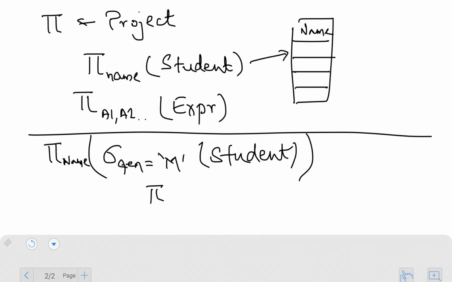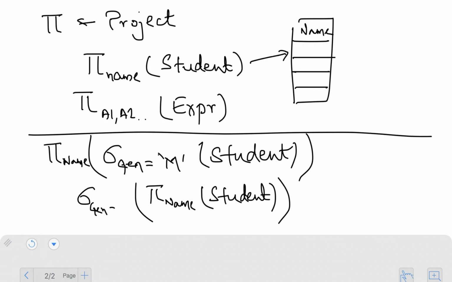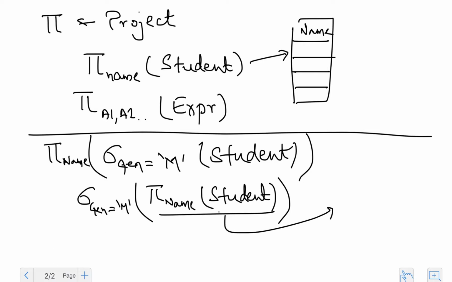So let's say I do select name from student, and then to this we do select gender equals male. Now the reason this doesn't make too much sense is because what does this inner part give me the result as? It gives me the result as this thing here exactly.